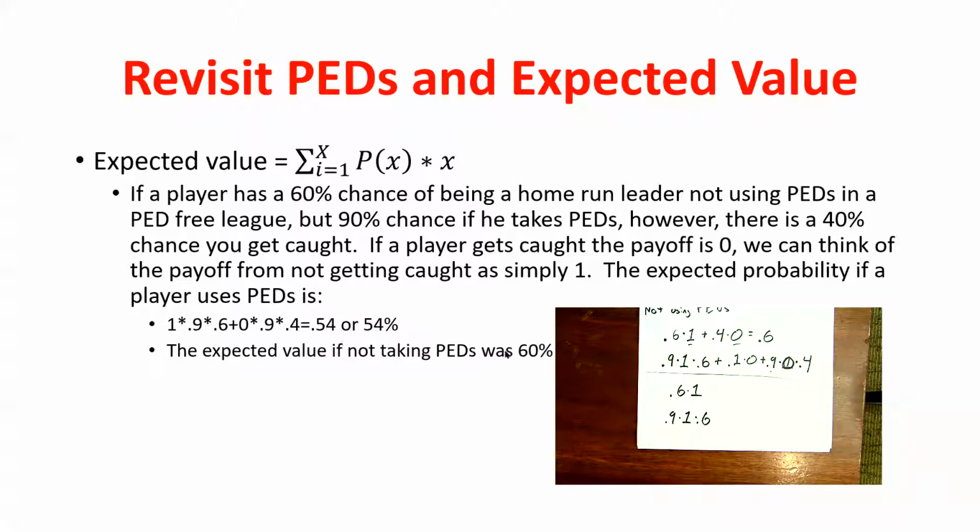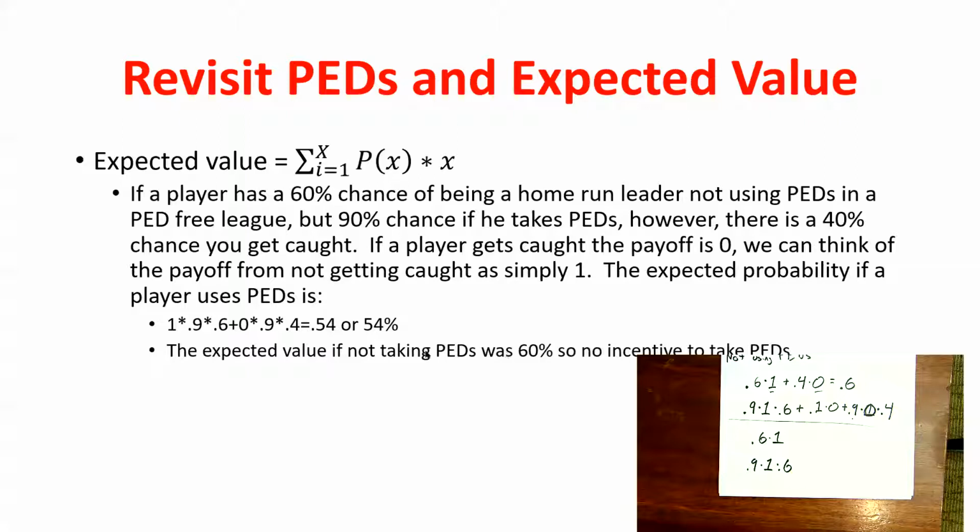And if I don't take the PEDs, the underlying probability was just 0.6. So what am I going to choose to do? Well, the highest payoff there is not using PEDs, as opposed to using them, because the expected value there would only be 54%, or a probability of 0.54.